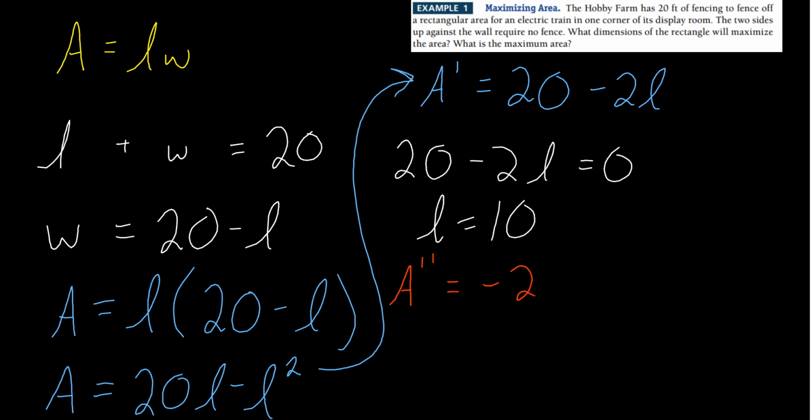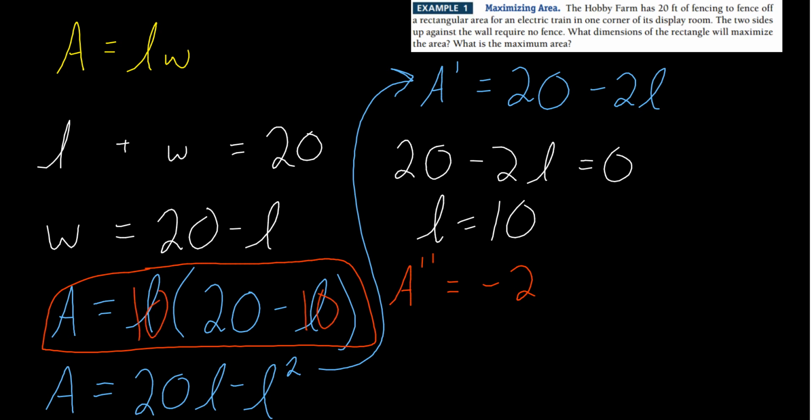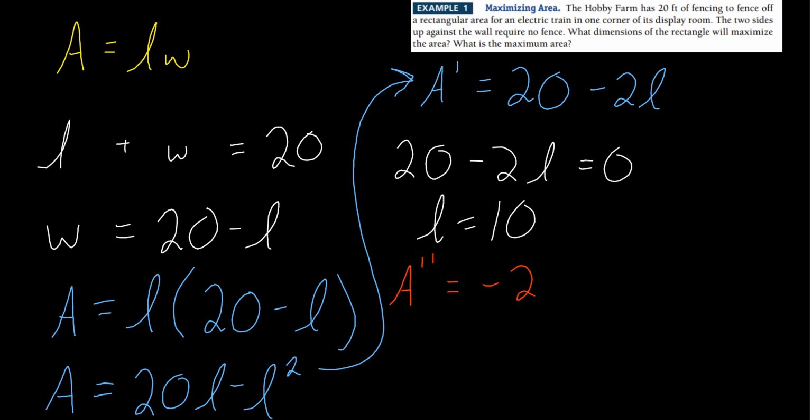Well, if we plug 10 into the original equation that we made, which is this one, we get 10, and then 20 minus 10 is 10, so 10 times 10 is 100. So we know that the local maximum on our equation here is located at 10, and when we plugged it in, 100. So at the point (10, 100), we have the local maximum.